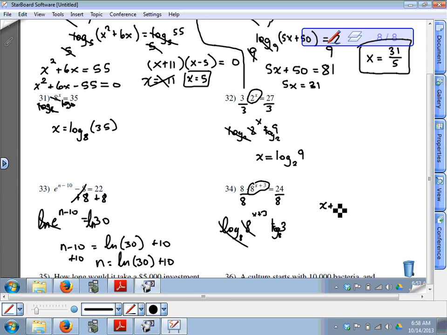So we have x plus 3 is equal to the log base 8 of 3. Subtract 3 to isolate x. And again, because this 3 is inside of a logarithm, we can't subtract 3 from it. So the answer is x equals log base 8 of 3 minus 3.